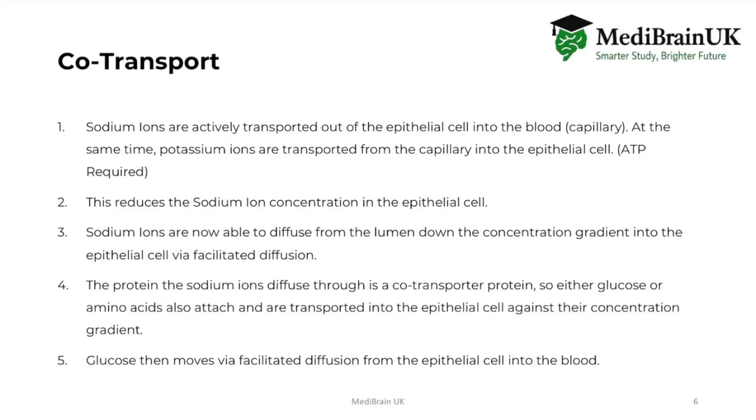Glucose concentration in the epithelial cell increases, and then glucose moves by facilitated diffusion into the blood capillary, where it is transported into certain places to act as a store of energy. So that is your co-transport process.